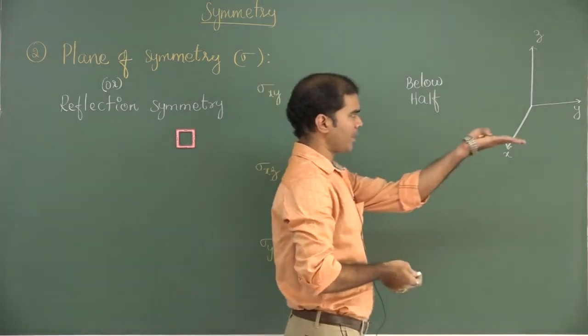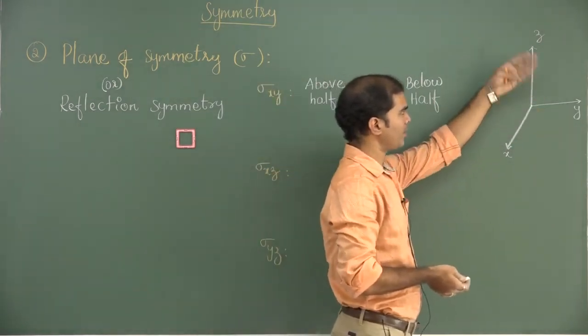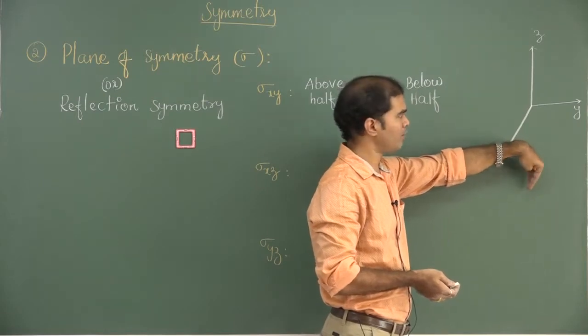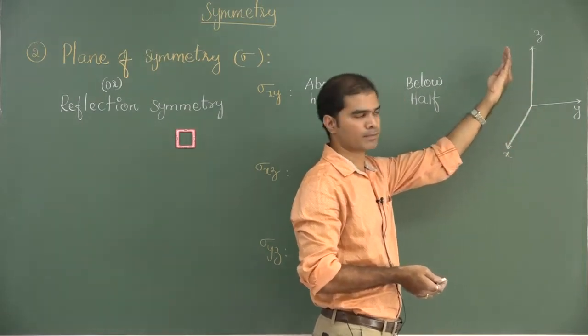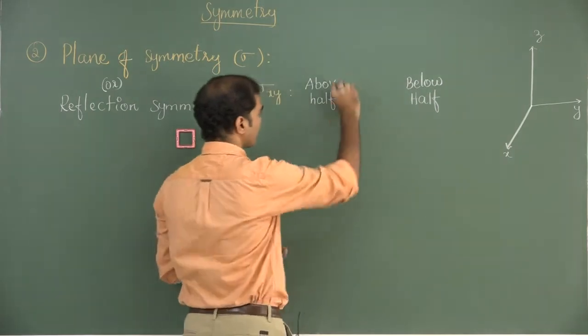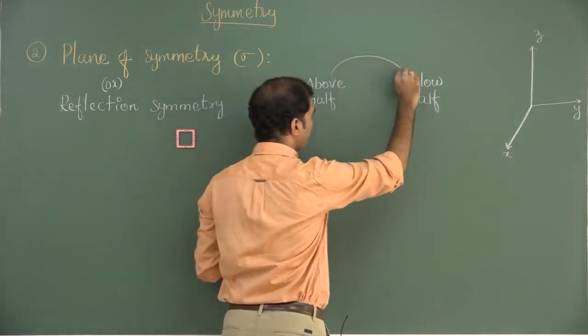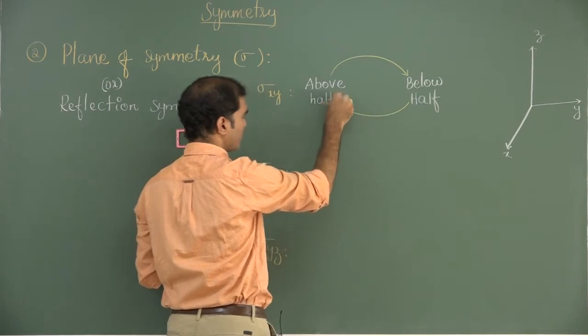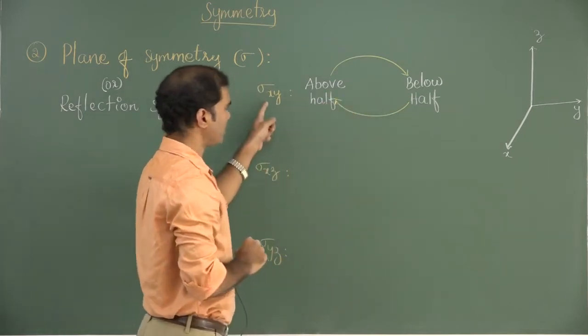Whatever half is above will reflect into the below, and the below half will reflect into the above. So the above half will reflect into the below half, and the below half will reflect into the above half. This is sigma xy.